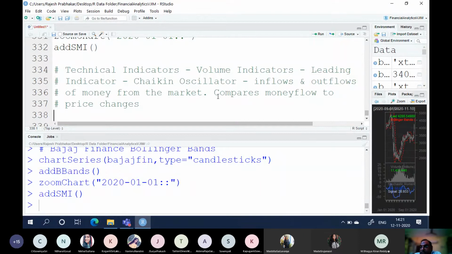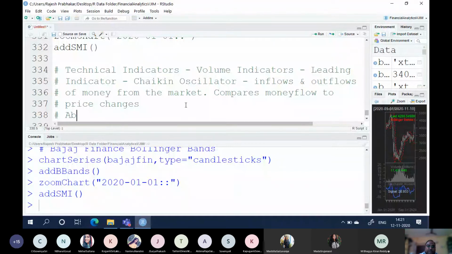So when you look at this Chaikin indicator, it tells us whether the market is having inflows or outflows. Above 0 indicates net buying pressure. Below 0 indicates selling pressure.